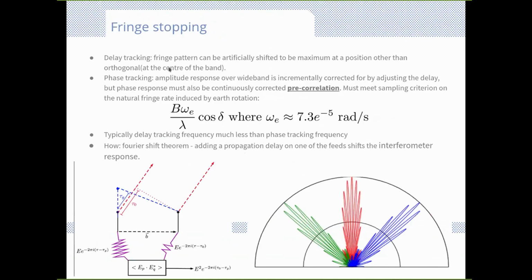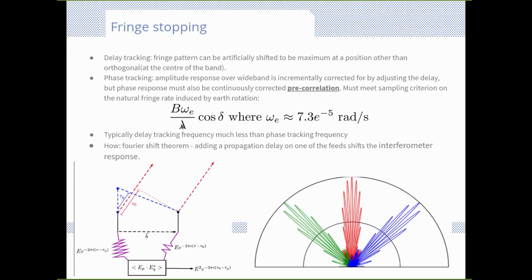Now, getting onto fringe stopping, as I said before, we can steer the interferometer to be maximally sensitive so that the cosine component can be unity anywhere along the sky, by just introducing a complex exponential in the interferometer grating.